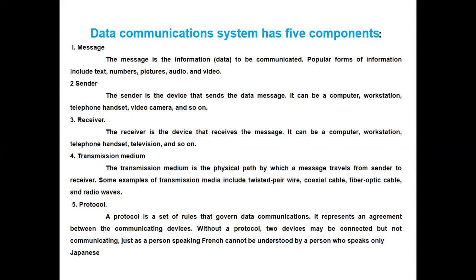Without a protocol, two devices may be connected but not communicating, just as a person speaking French cannot be understood by a person who speaks only Japanese. Therefore, protocol is a set of rules that govern data communications. These are the five components: message, sender, receiver, transmission medium, and protocol.